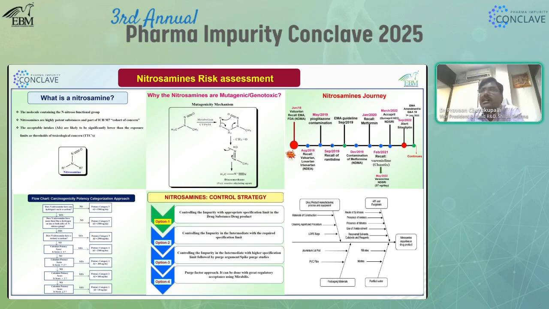Generally, people will control these nitrosamines in the drug substance or drug product, because the limit of these impurities is very low, in the ppm or ppb level as per the dosage. So controlling in the drug substance or drug product will be appropriate.